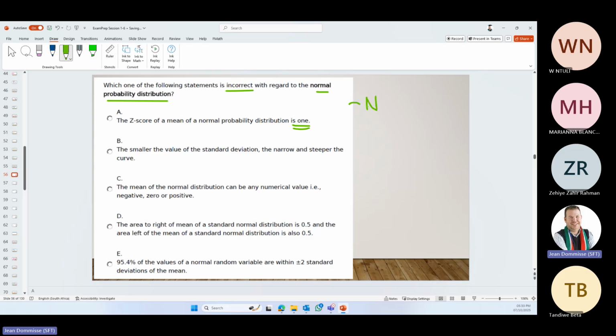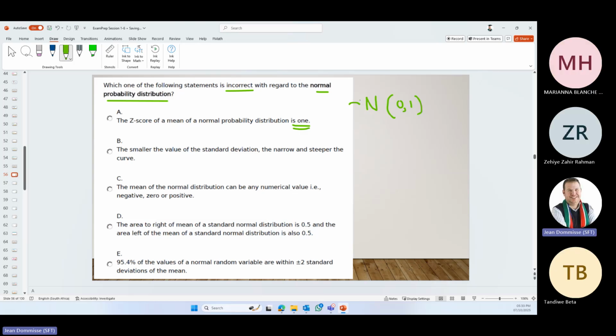Sometimes you guys have seen something like this: when something is normally distributed, the mean is 0 and the variance is 1. So the Z score of a mean of a normal probability distribution is 1 is the incorrect one.